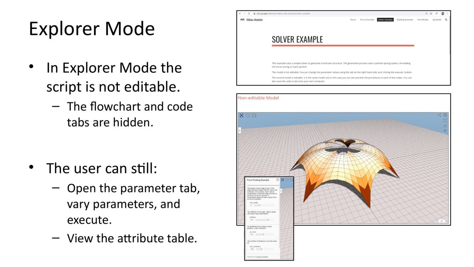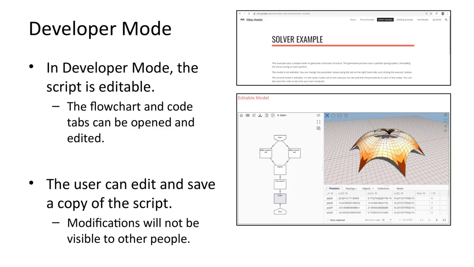But they cannot see or edit the flowchart or the procedure code. Here, in the example, the script generates a funicular structure using a particle spring solver. If the embed code for the script was generated using the developer mode, then the script will be open. This means that visitors to the website can also see and edit the flowchart and procedure code.